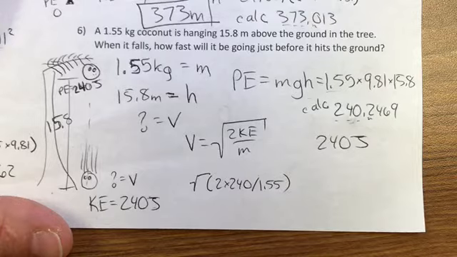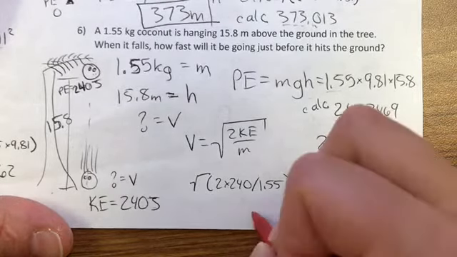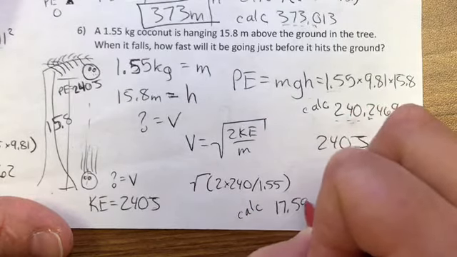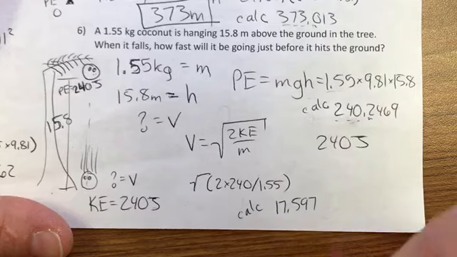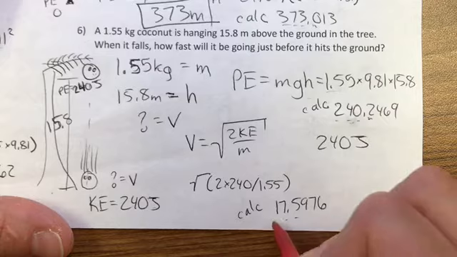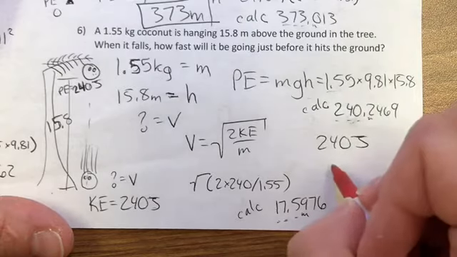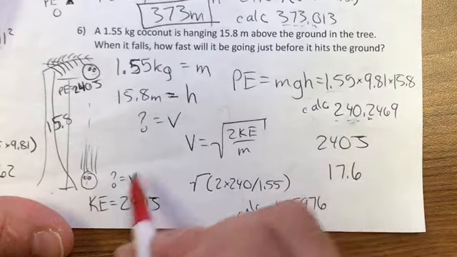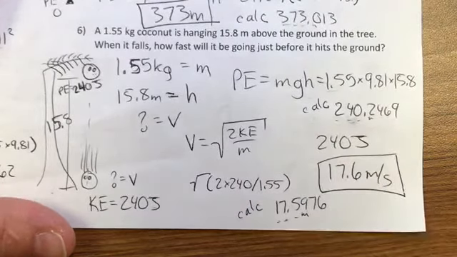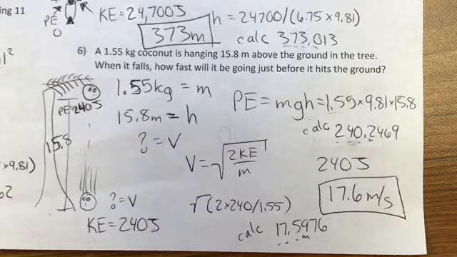Calculator says 17.5976. Significant figures, 3, the 9 is going to round the 5 up, so 17.6 velocity in meters per second. There you go. End of the worksheet.